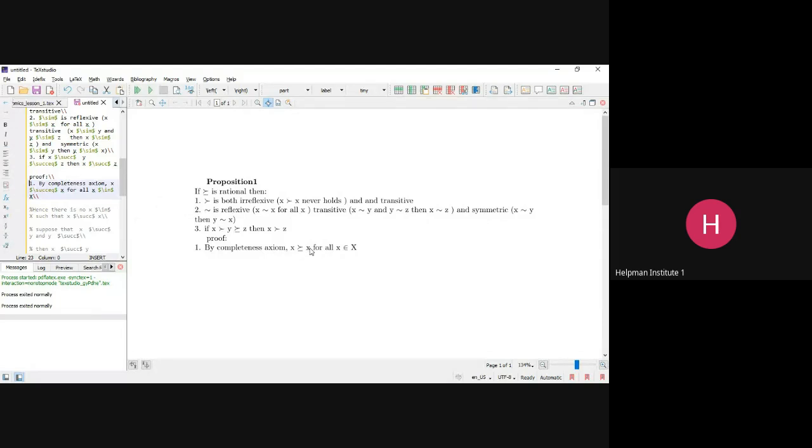So remember the completeness axiom, it says x is at least as good as x, for all x we pick in our preference. So any item I pick for my preference set is the same thing as itself. So that is why it's complete.